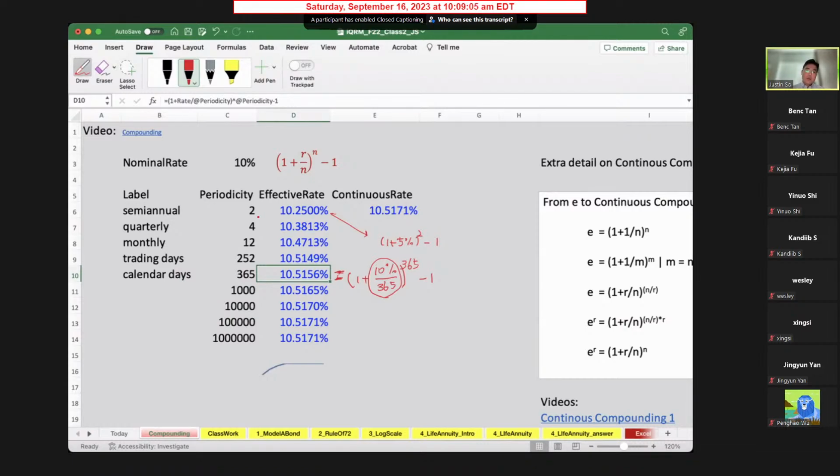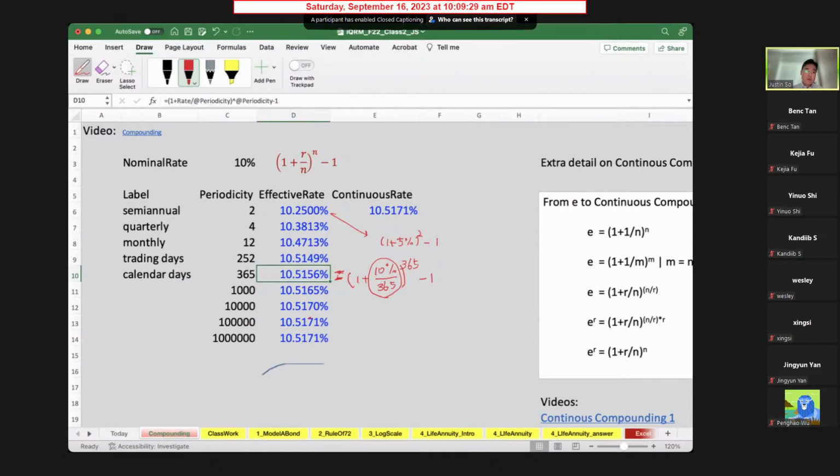But look at this. As periodicity, which is the frequency of compounding, increases, your effective rate increases. It's intuitive because you compounded many more times in a year in the same time frame, and then you will earn more.